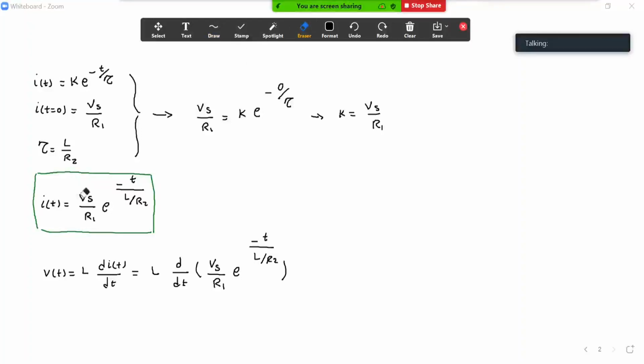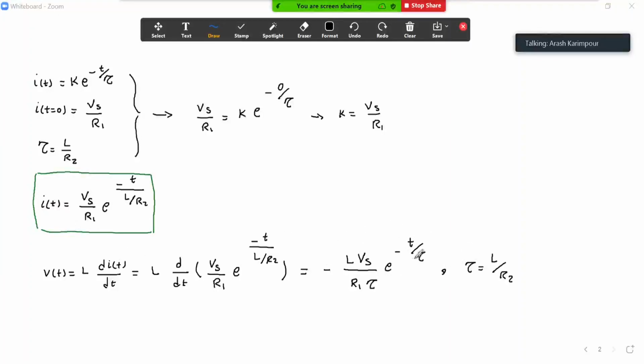And if you do the calculation, eventually what you are going to get is negative L Vs divided by R1 tau, e to the negative t over tau, where tau is L over R2. So you can solve it like that.